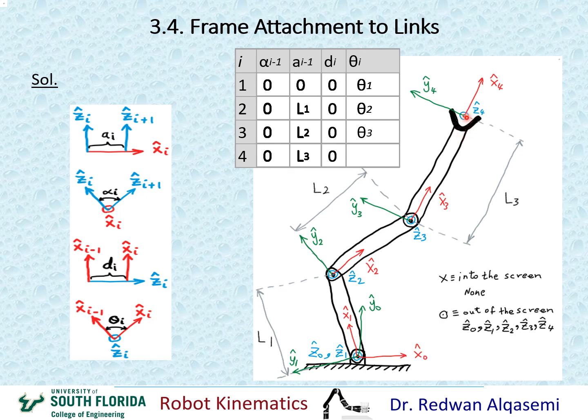Okay, so that's why I put it in the same direction as x3 when I assign the frames, which eliminated that theta that would have gone here. Okay, so now since x3 and x4 are the same direction about z4, that means theta 4 would be 0. Okay, and that completes the DH parameters assignment and also the frame assignments.